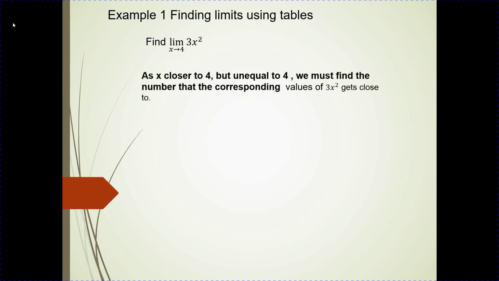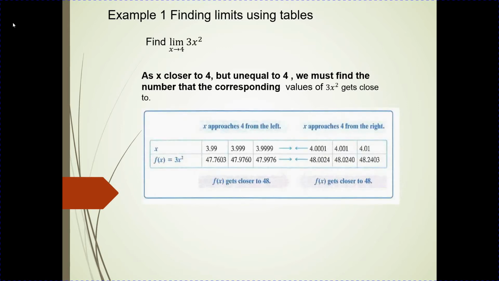As x gets closer to 4 but unequal to 4, we must find the number that the corresponding values of 3x squared get closer to. Therefore, we see the nature of the function as x gets very close to 4, like 3.99, 3.9999. As you can see, the x values are very close to 4, but not equal to 4, so the value of 3x squared becomes very close to 48.